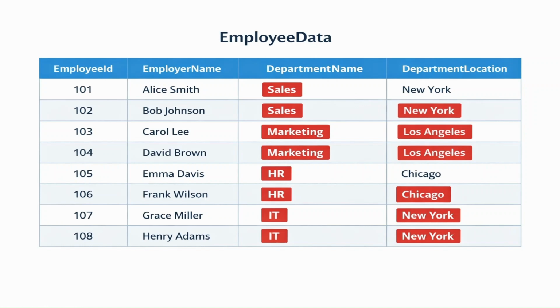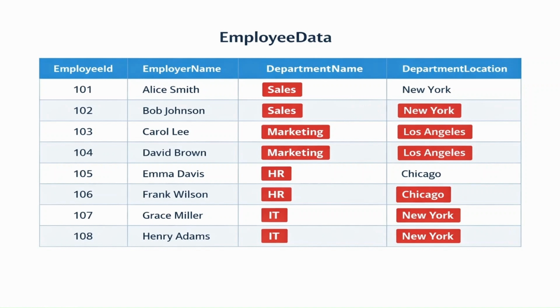For example, let's take a sales department. Alice belongs to sales, so we have entered sales over here. Bob also works for sales department, so here again we can see sales. And sales department belongs to the New York location. So that's why we can see duplicate location entries as well as duplicate department names.